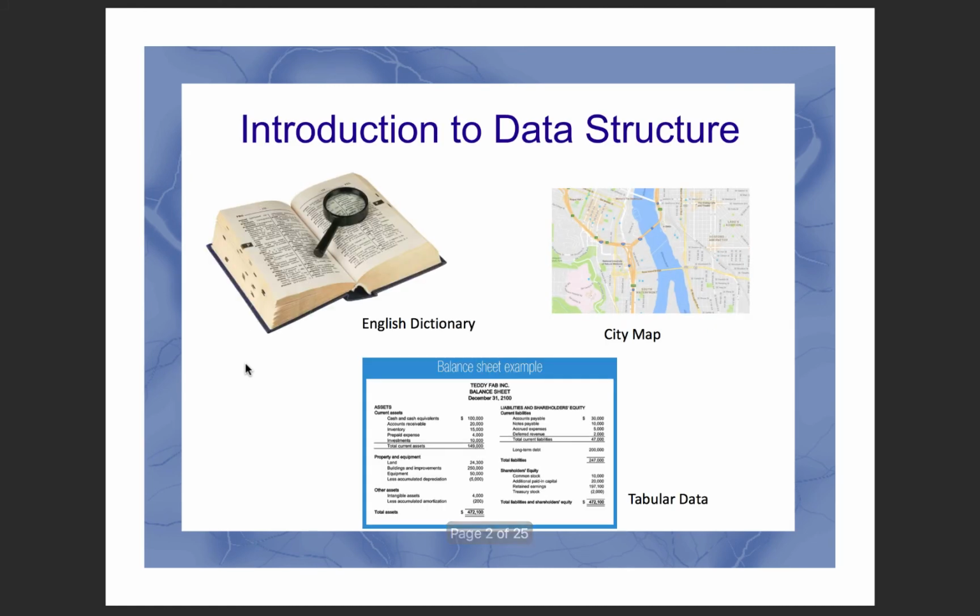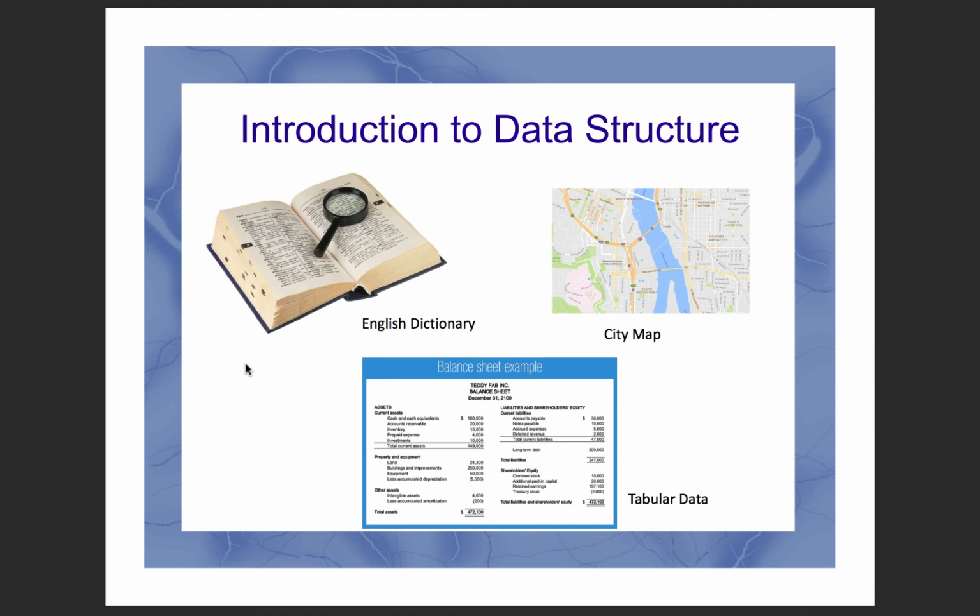If we want to compare data structures in computer science with some important things in our real life, for example, in this slide you are seeing a dictionary. We know that a dictionary keeps a lot of words, and the words are in an organized way.